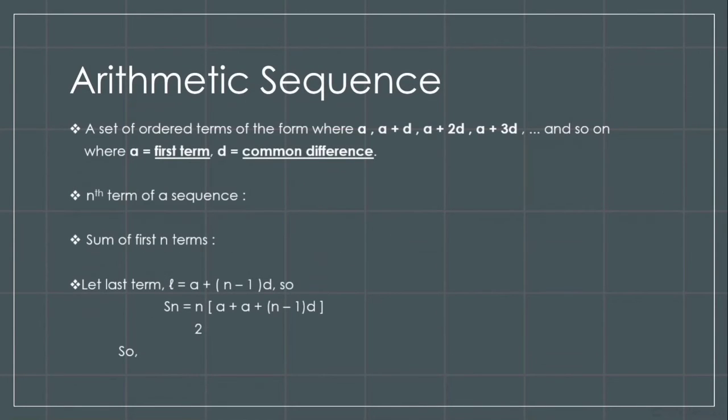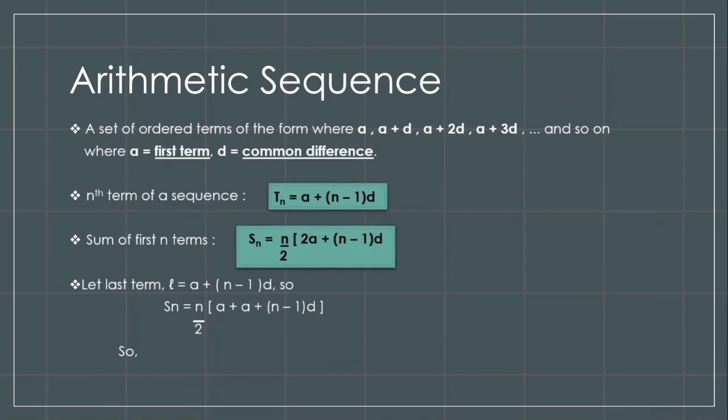An arithmetic sequence is a set of ordered terms of the form A, A plus D, A plus 2D, A plus 3D, and so on, where A is the first term and D is the common difference. For the nth term of a sequence, we can see that Tn is equal to A plus (n minus 1) D. The sum of the first n terms is described as Sn equals n over 2 times (2A plus (n minus 1) D).